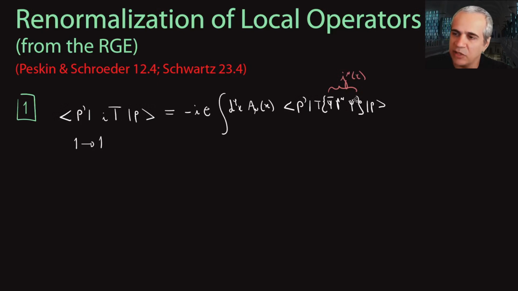And my electrons are being treated as quantum particles, and I will contract these operators inside J mu with p and p prime. If I'm treating it in this way, you see that what I will calculate in a quantum field theory is just the expected value of J mu between these initial and final states.